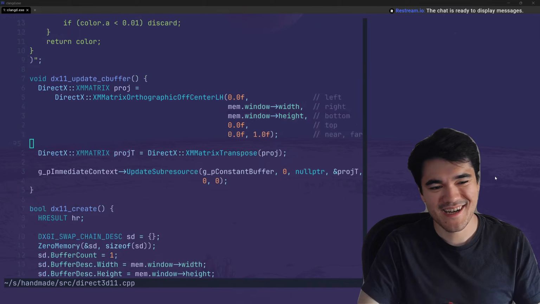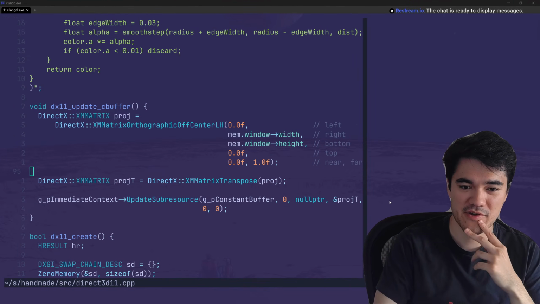Okay, but yeah, it's encoded in the C buffer here.